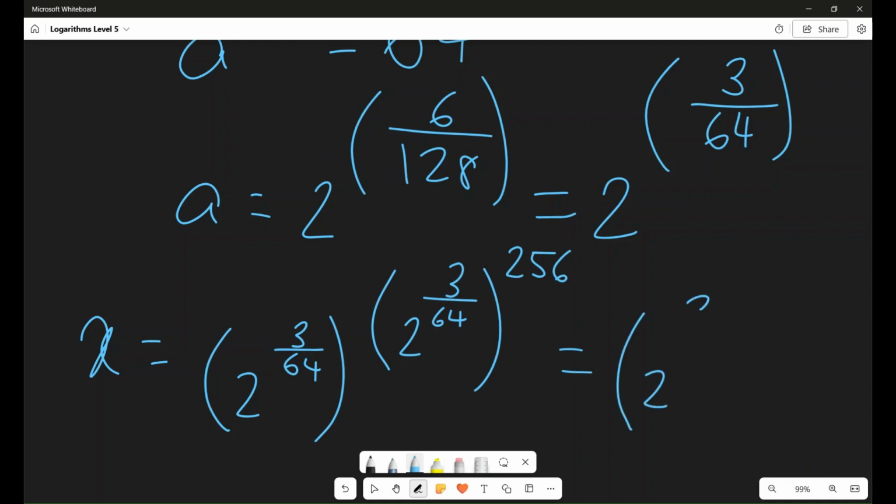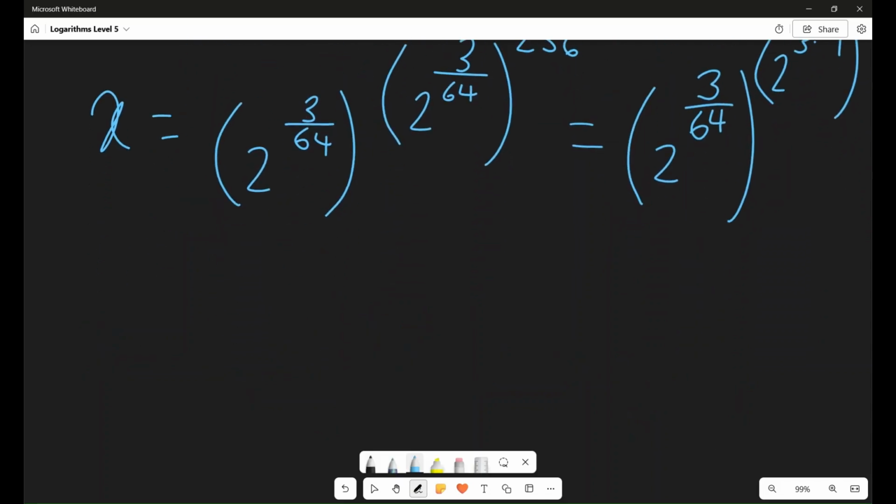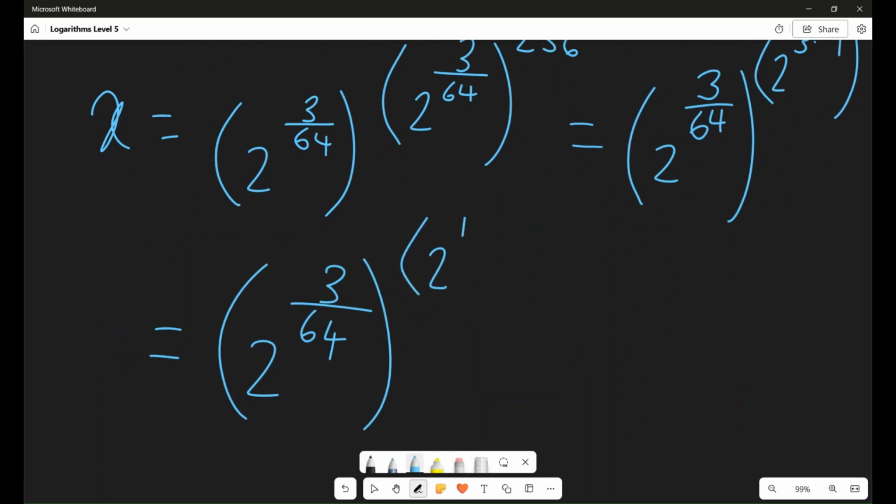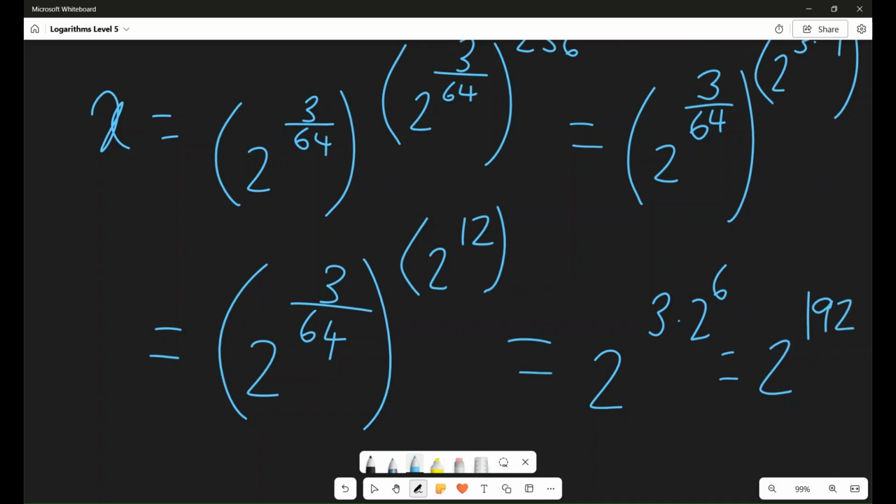Now we can keep that base the same for now, and the exponent just becomes 2 to the power of 3 times 4. So the exponent is just 2 to the power of 12. So we have 2 to the power of 3 over 64 to the power of 2 to the power of 12. And that's just 2 to the power of 3 times 2 to the power of 6, which is 2 to the power of 192.